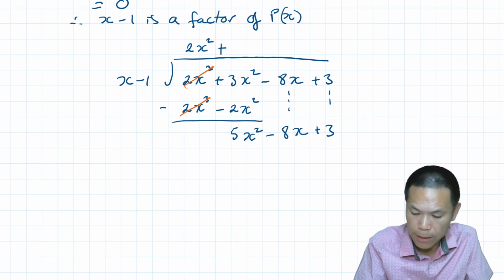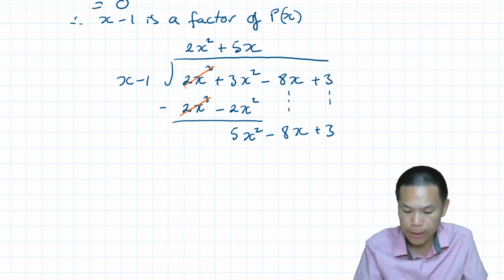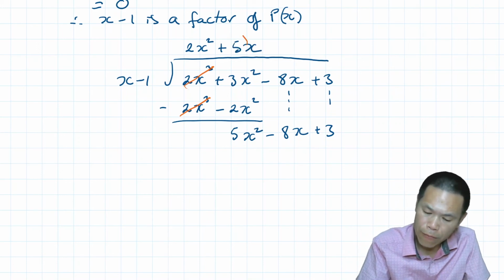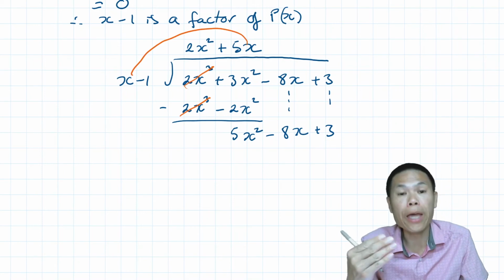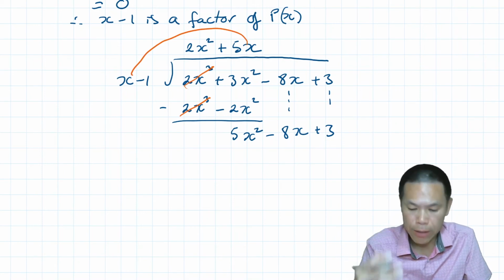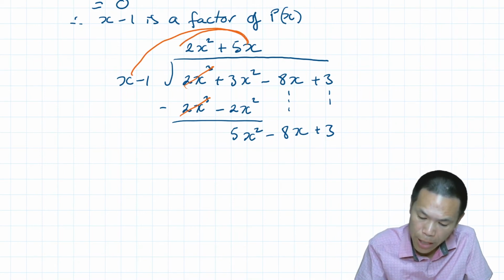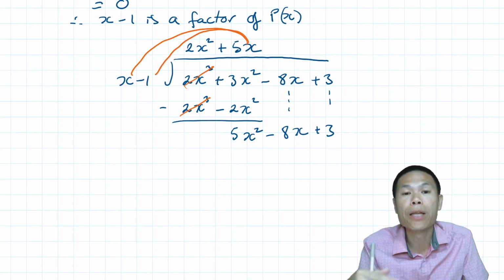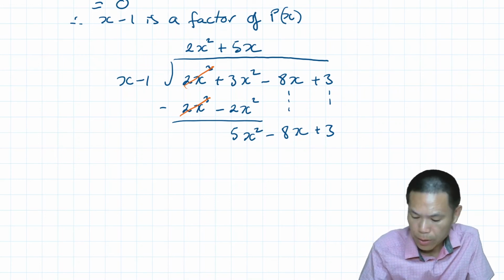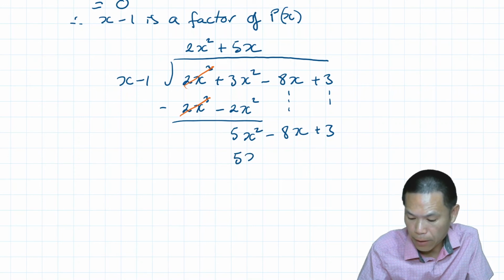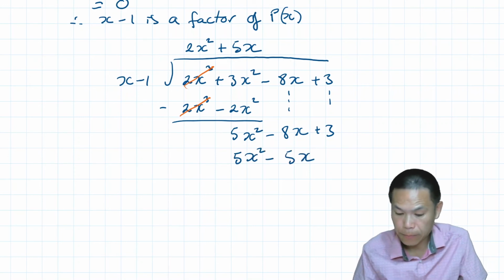So just write plus 5x. And then we go 5x times x, so that gives me 5x squared, and 5x times negative 1 gives me negative 5x. So that gives me 5x squared minus 5x.